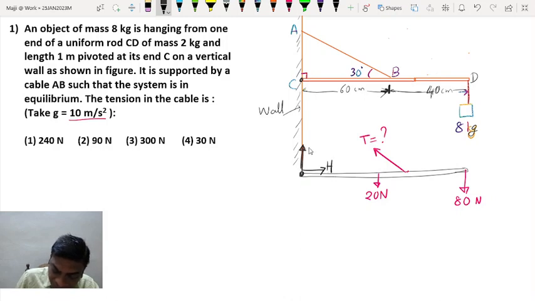So H is the horizontal reaction, V is the vertical reaction. Now let us resolve all the forces along horizontal and vertical directions. So this angle is 30°. This component will be T sin 30°, and this component will be T cos 30°.